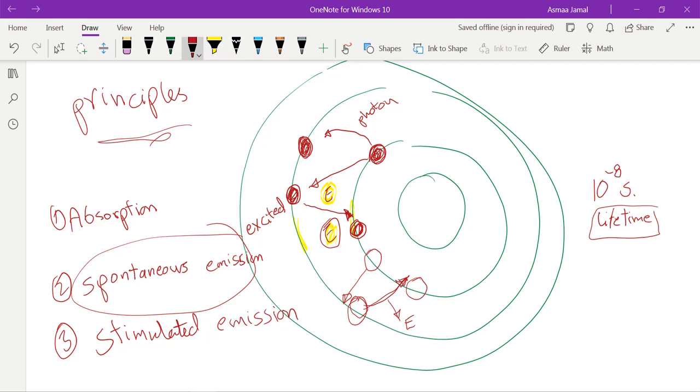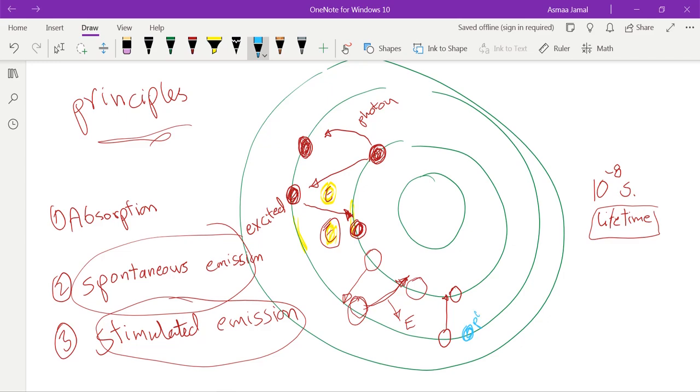In laser or stimulated emission, we force that electron to return to the ground state before the end of the lifetime. So we can control the time of this excited electron. And we can do that by an incident photon.